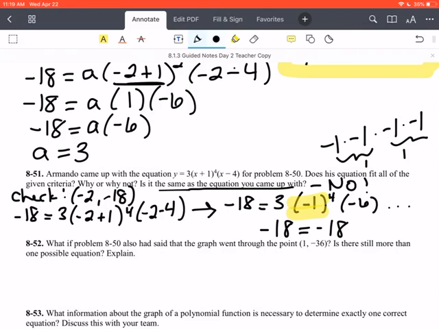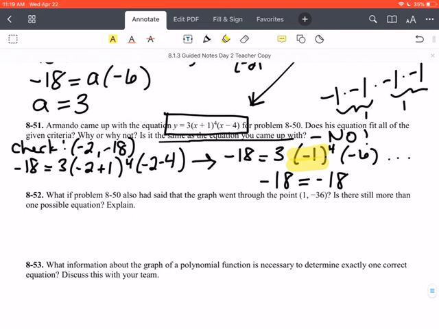So the issue here, the reason we're raising this problem, is that this equation and the equation we got up here both have the point (-2, -18) in common. Okay, so how are we going to figure out which equation we really wanted?